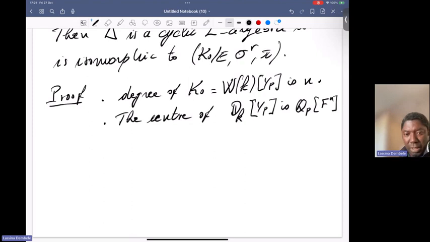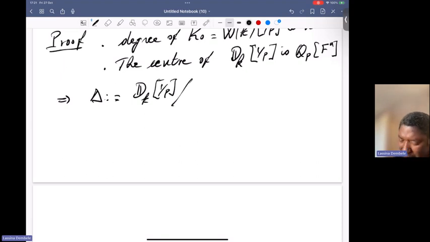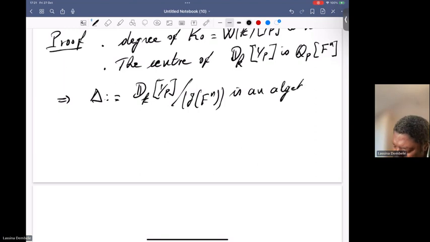Okay. And what that means is, so this means that when we take delta, which is by definition the quotient of this algebra by the ideal G generated by this polynomial, is an algebra over this ring.